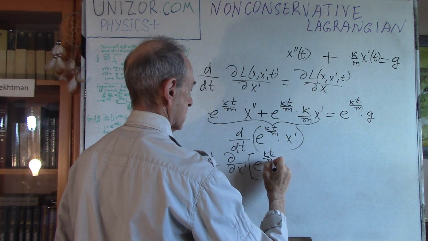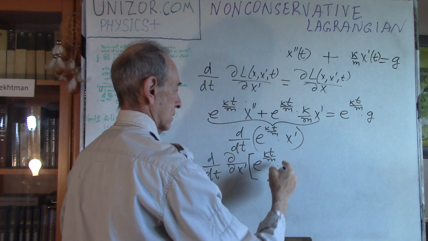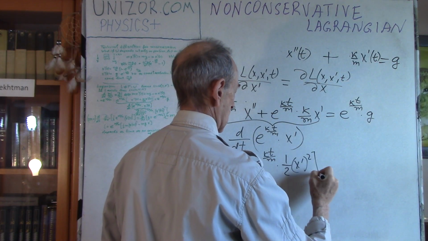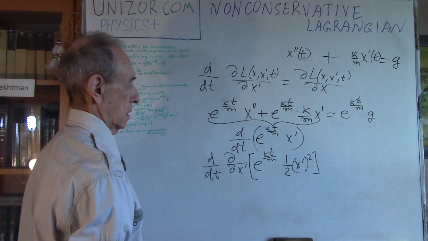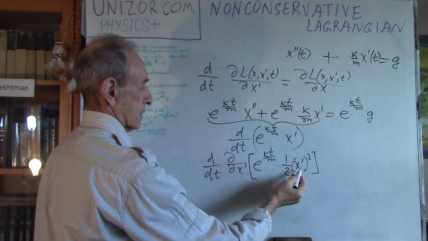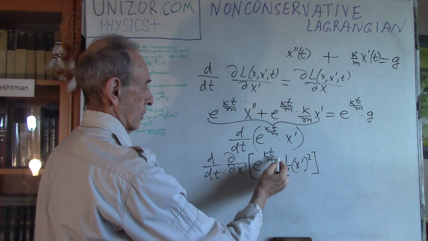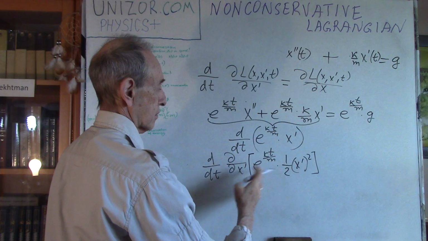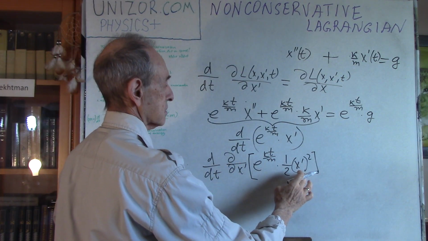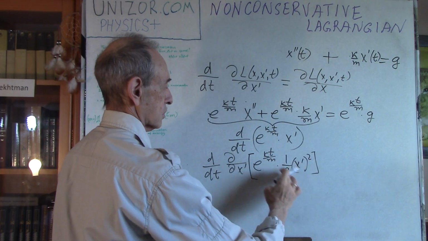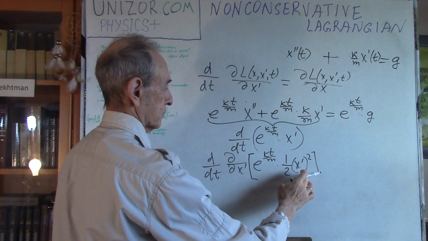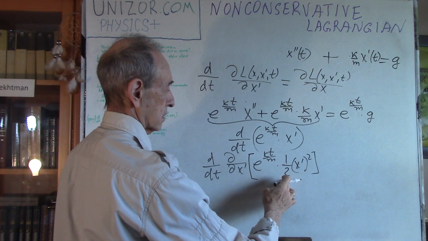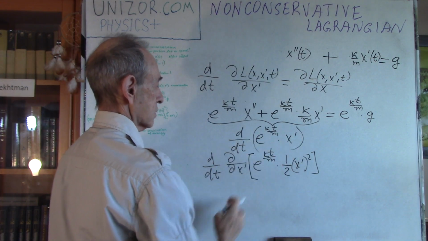I can put it as is, so partial derivative by x prime. Now this is not related to x prime, so it's like a multiplier, and the derivative of 1/2 of x prime square is obviously 2, cancel this 2 and x prime. So this is what it is.